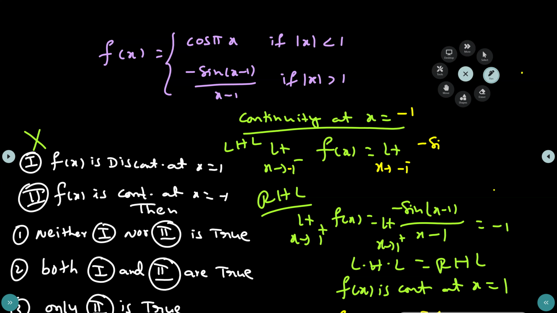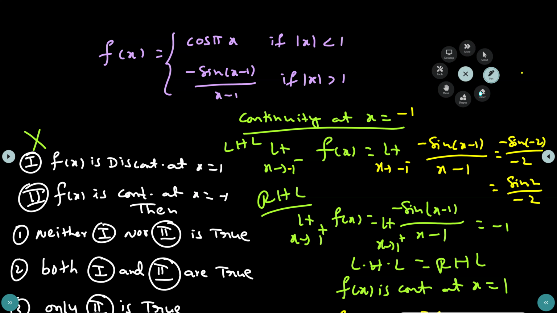Based on mod x less than 1 and mod x greater than 1, for minus 1 minus it is minus of sin of x minus 1 by x minus 1. Now if you put x equal to minus 1 here, what do you get? Minus sin of minus 2 by minus 2. Sin of minus 2 is minus sin 2, minus into minus is plus. Therefore, you get sin 2 by minus 2, which is the LHL.